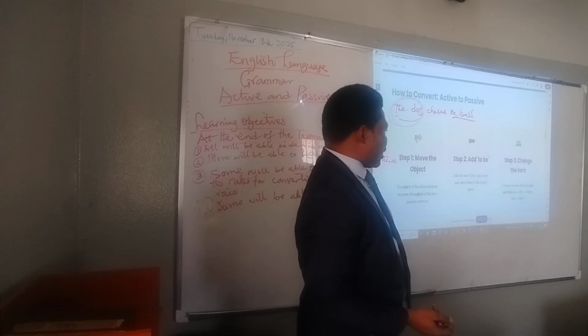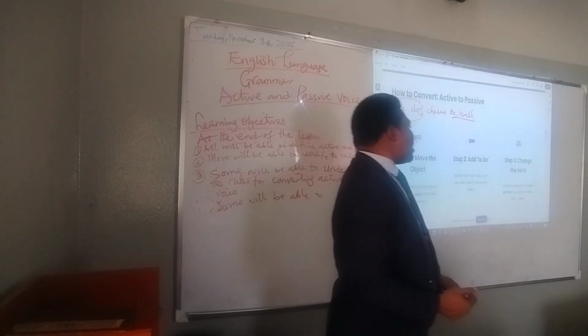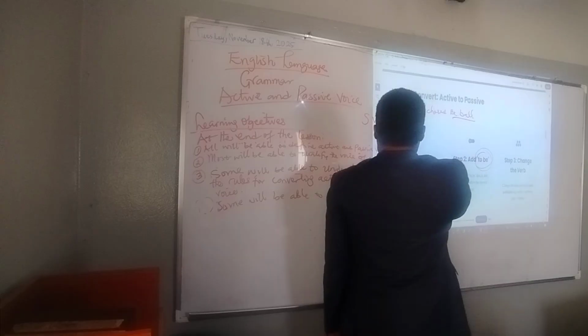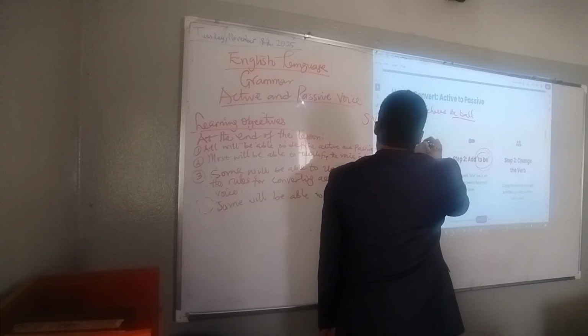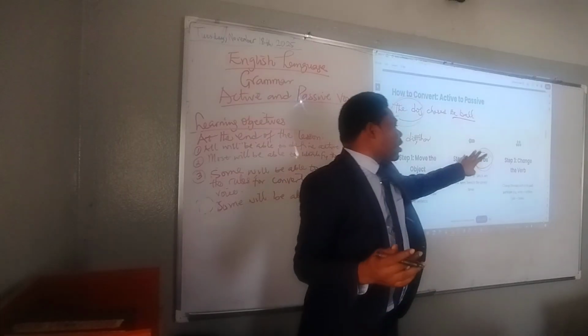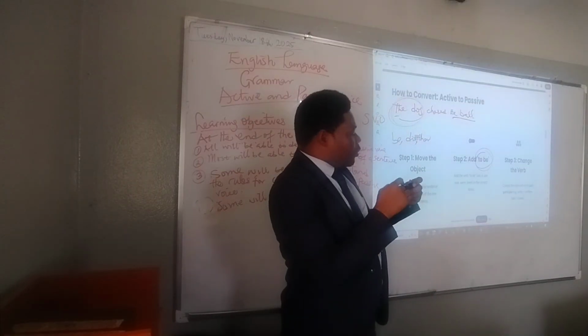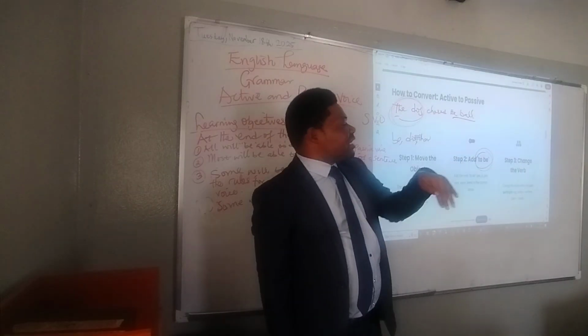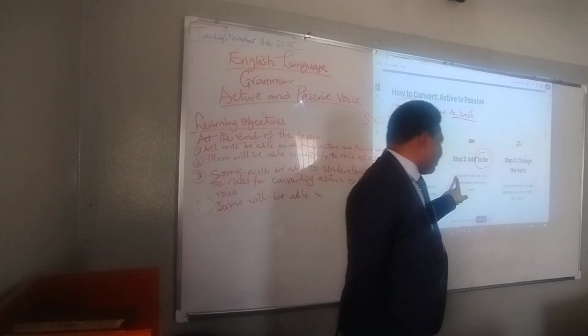Yes, sir. Thank you. Now the second step is add a to be verb. You see all these: be, do, have, was, is, are. They are all the verbs that will help you express meaning when you are converting from active to passive voice. Look at this example.